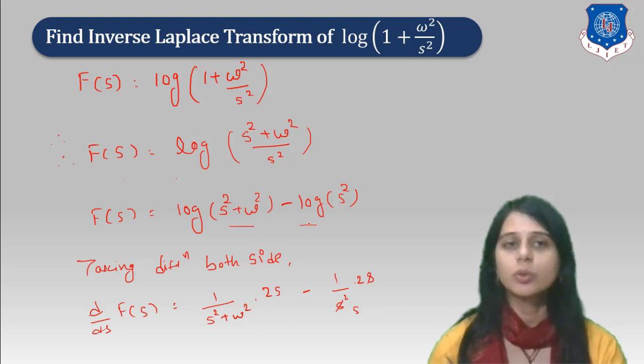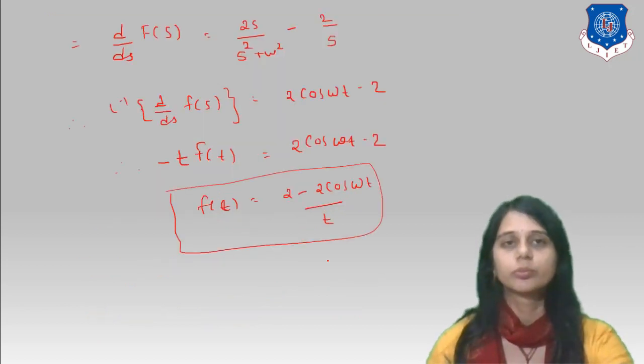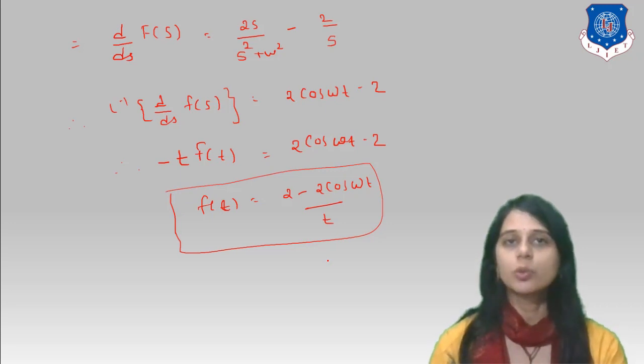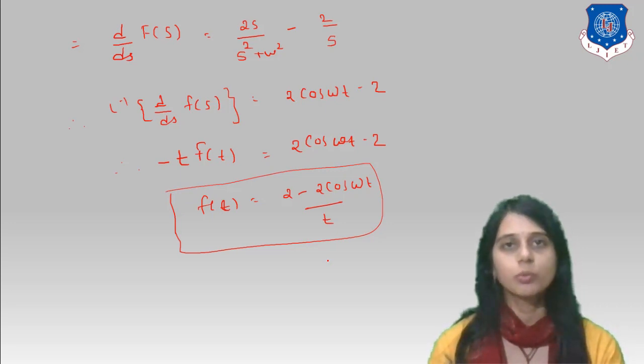Taking differentiation on both sides, d by ds of F of s equals 1 upon s square plus omega square into 2s, minus 1 upon s square into 2s, which gives 2s upon s square plus omega square minus 2 by s.